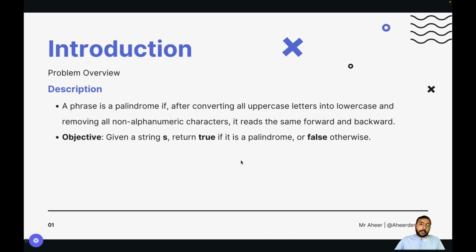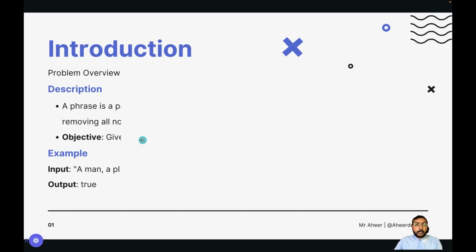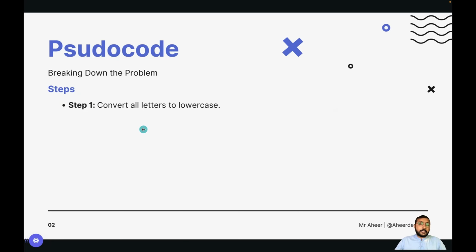For the LeetCode example, let's say we have an input like this, and we need to give the answer as true, because we will first convert all the letters into lowercase, and then we need to remove all non-alphanumeric characters, and then we check it. So for this case, what will be our pseudocode? Let's say this is step one. We need to convert all the letter case. When we get the string, we transform it into lowercase, because we don't care about any other characters.